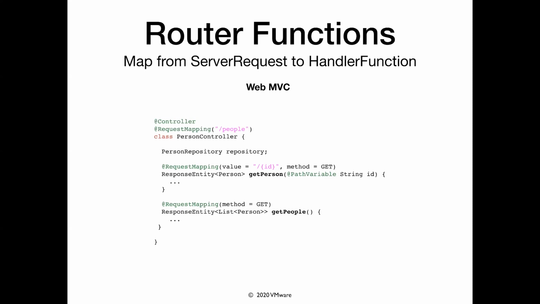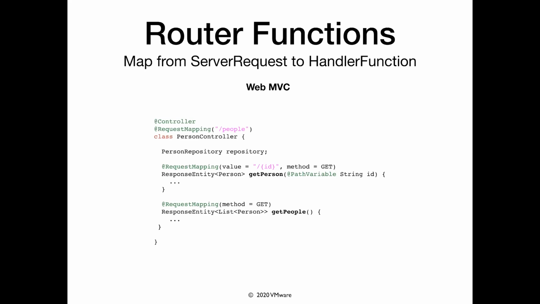We don't need to supply a path because the path is inherited from the people type level annotation, basically. So that's basically how you do it in WebMvc, with annotations.